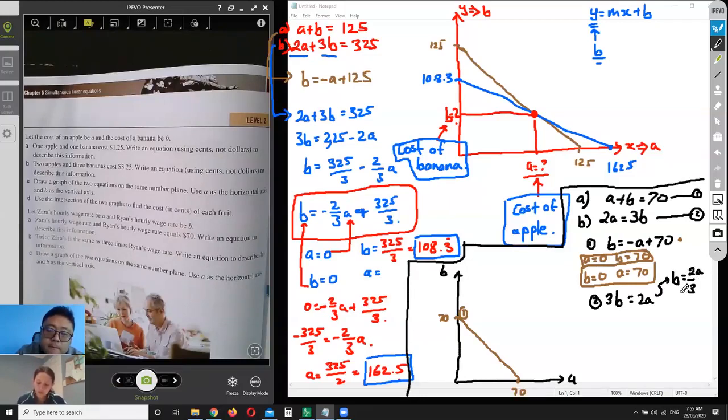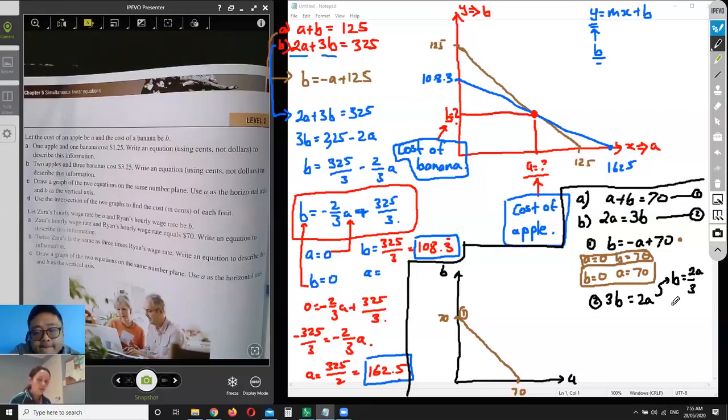So 0.6A. Well, I'd leave it as 2 over 3A. Got it? Okay. So how would we work out how to graph that? Use it as the gradient?